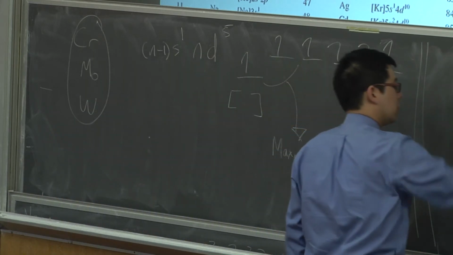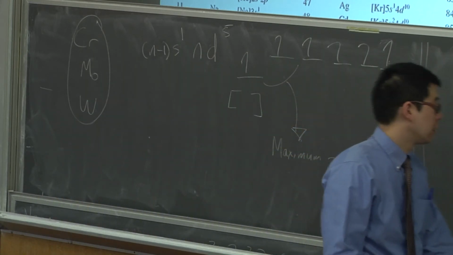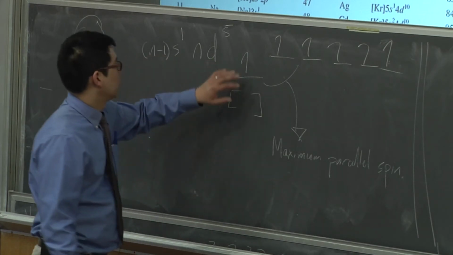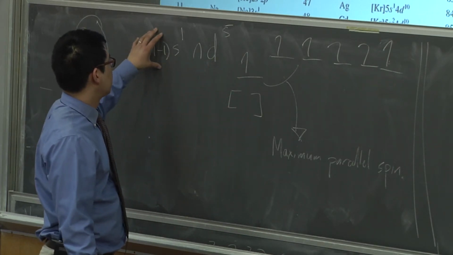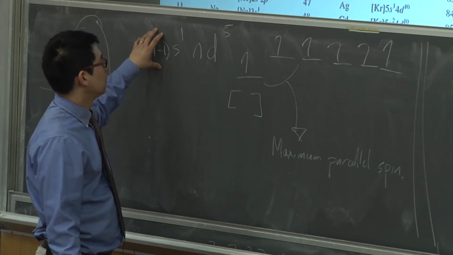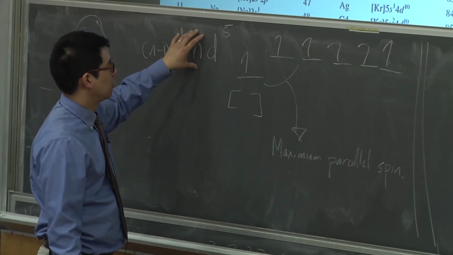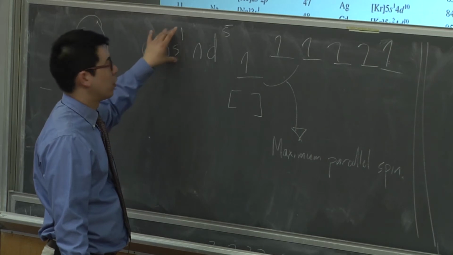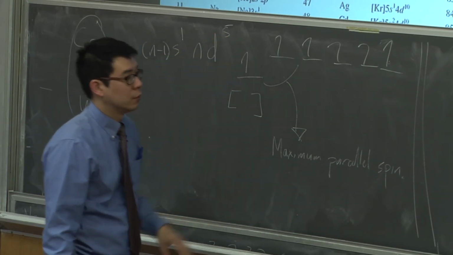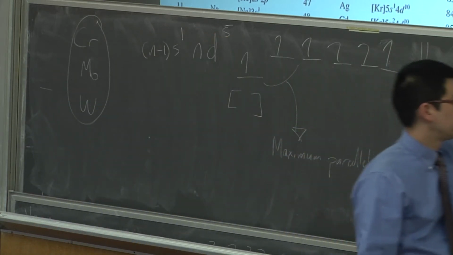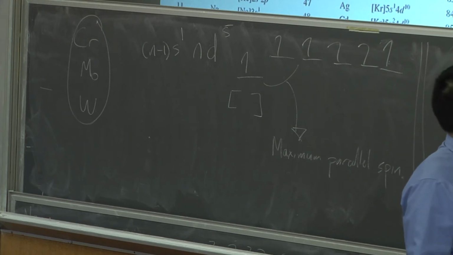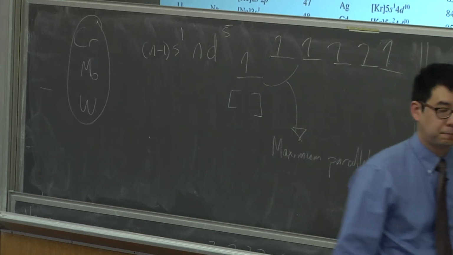So instead of going 4s2, 3d4, we go s1 and d5. Instead of going s2, d9, it goes s1, d10.